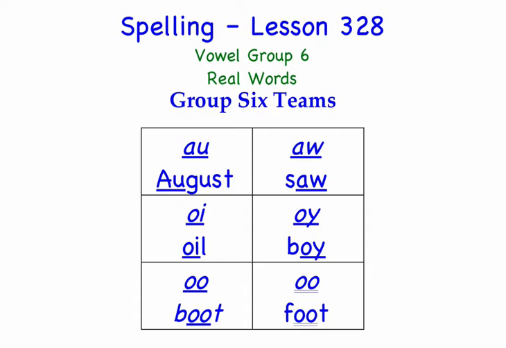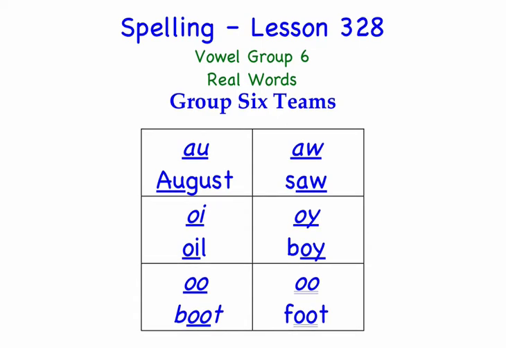I'm now going to dictate to you 6 rows of words that contain one of these teams that you see on this screen. We begin with row 1, coil. Coil the rope over here on the banister. Coil, 3 sounds.